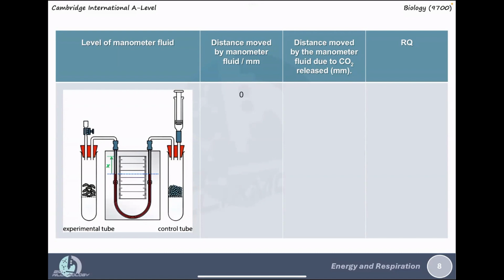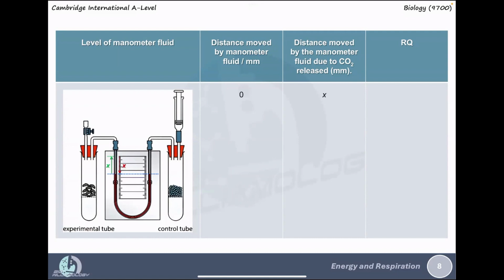So first, this is the volume of O2 consumption, which remains constant, so the distance is X millimeter. And at the same time, they produce the same volume of CO2. So the distance moved by the manometer fluid due to the CO2 release is equal to X. What is the RQ value?